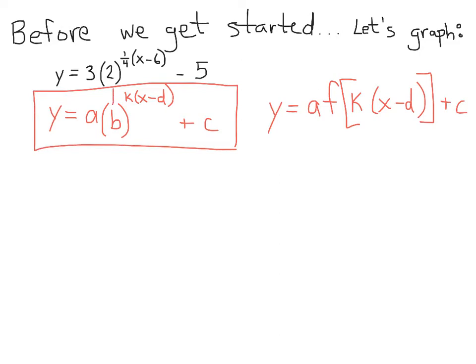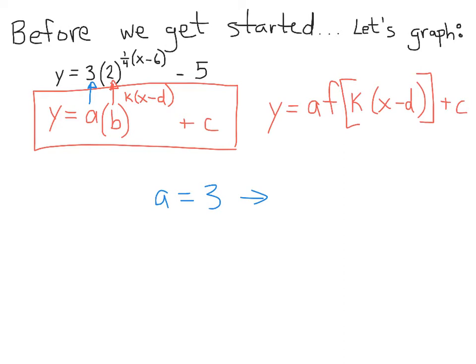Remember, the base here is 2, so we're going to start off by graphing this exponential function with base 2, but then we will apply all of these transformations. For instance, your a value is 3. If a is 3, you should know what a equals 3 means. A is your vertical stretch or compression.